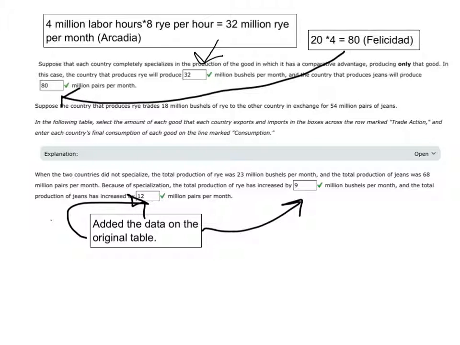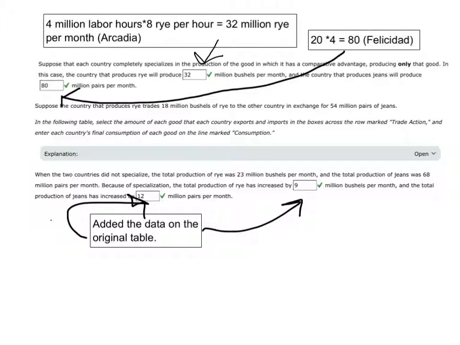How I got that: Arcadia was producing rye, so 8 rye per hour times 4 million labor hours gets you the 32 million. Felicidad could produce 20 pairs of jeans per hour times 4 million labor hours gets you 80 million pairs of jeans.